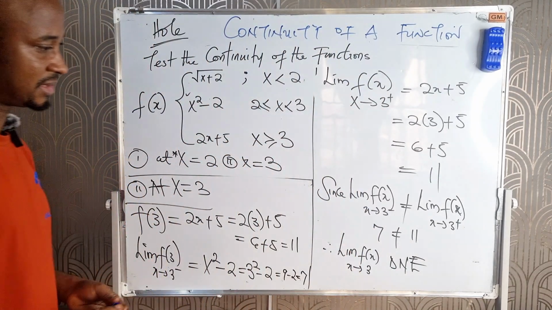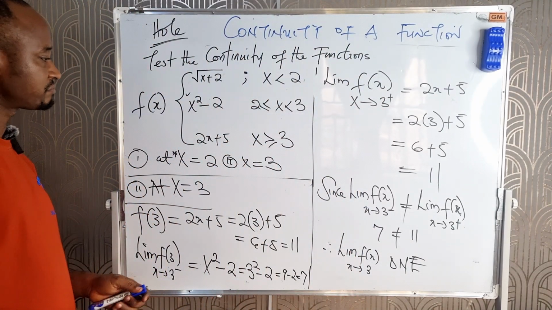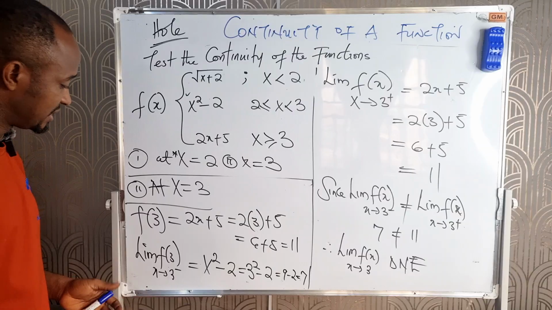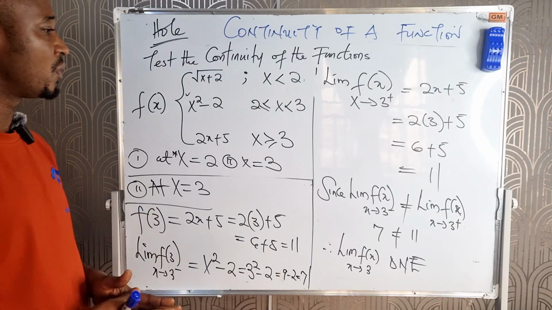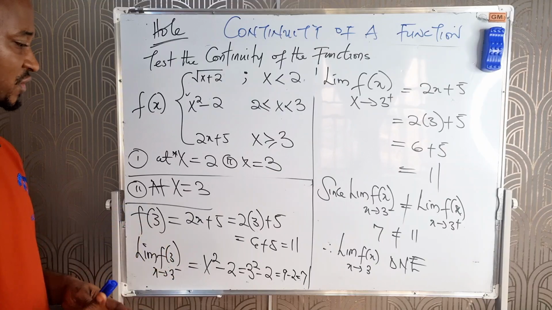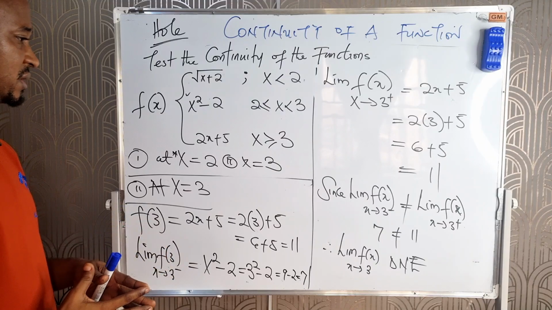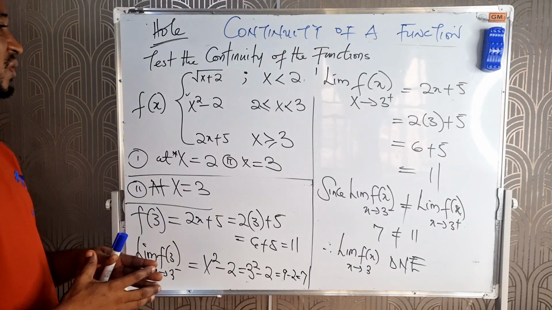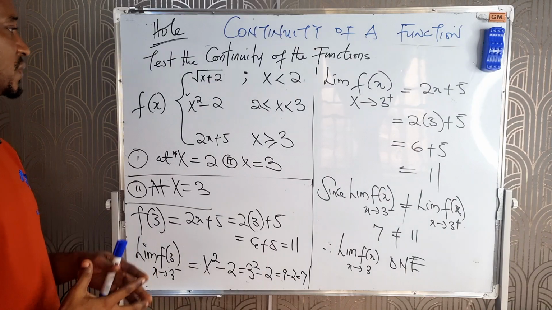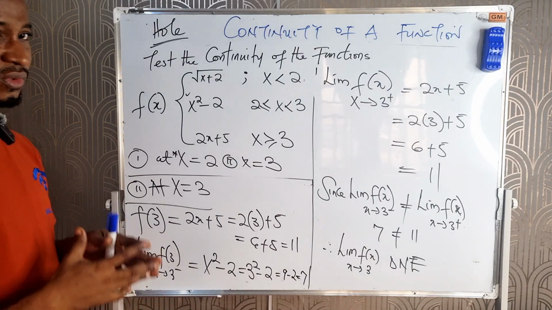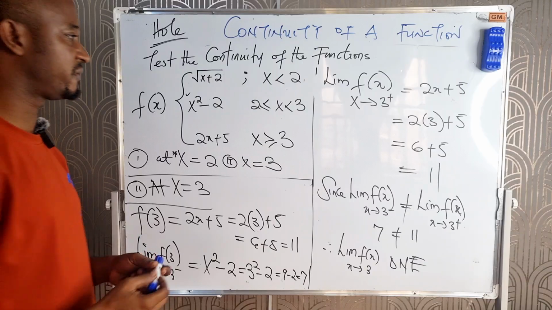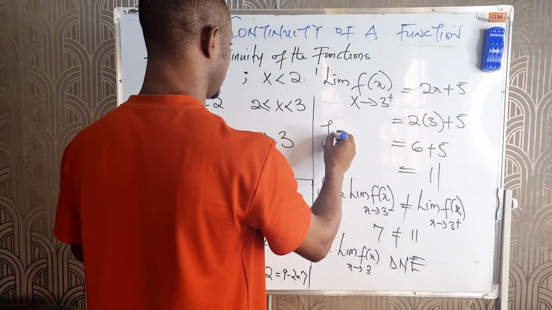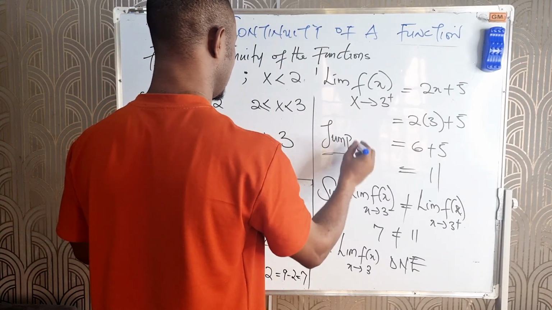Since the limit does not exist, that implies that we have what we call a discontinuous function at x equals what? 3. This function is not continuous at x equals 3 because the limit does not exist. We call this type of discontinuous function a jump discontinuous function.